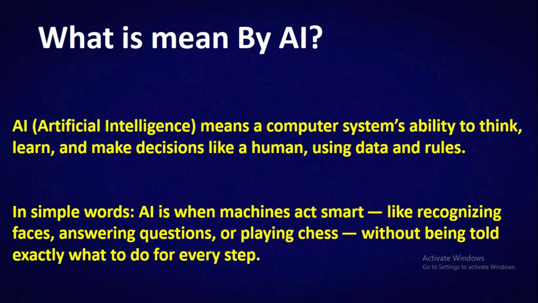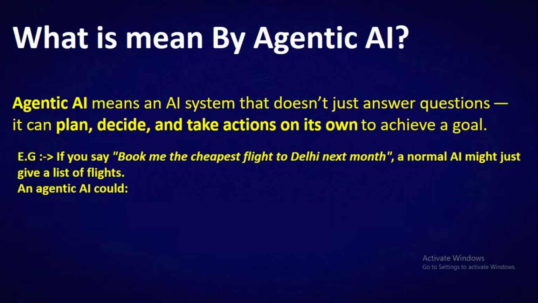Now we will try to understand what is meant by agentic AI. In the market, you have seen AI, generative AI, and now a new terminology, agentic AI. You can call it automatic AI also. So first, in generative AI, what will happen?